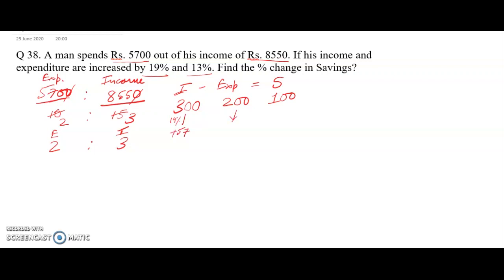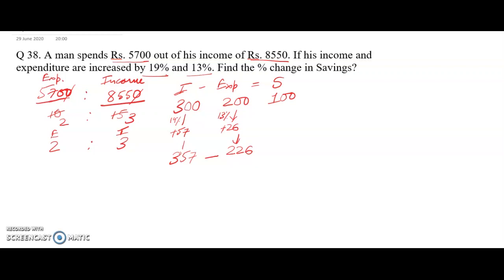And expenditure is increased by 13%. 13% of 200 will give us 26. So our new income is how much? 300 plus 57, 357. And new expenditure is 226. 200 plus 26.